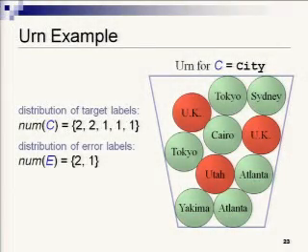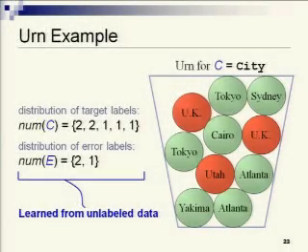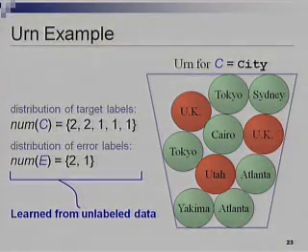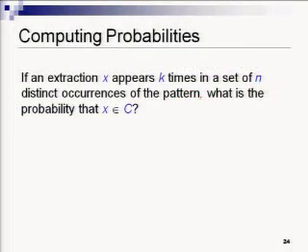In the error case, UK appears twice, Utah appears once, and so the distribution of error labels is 2-1. The reason I'm mentioning this is that it's these quantities that we're going to use to compute probabilities. And I'll show in a moment how we can estimate these distributions without any labeled data. This is the key to being able to compute probabilities without labeled data.